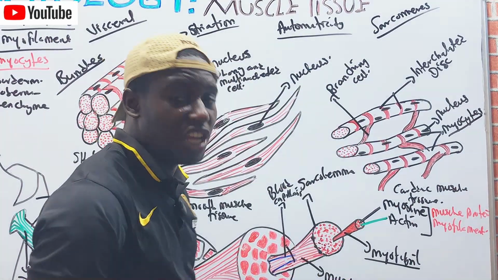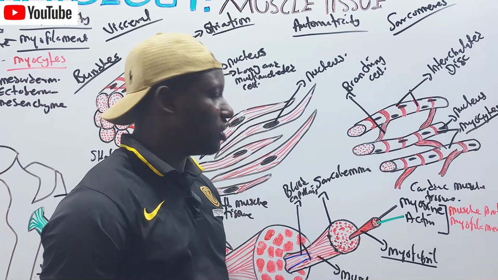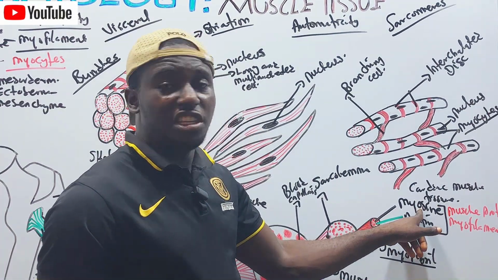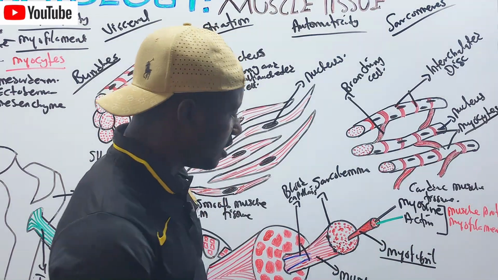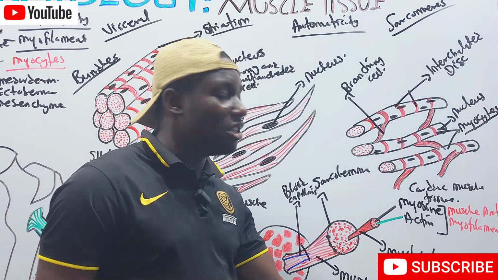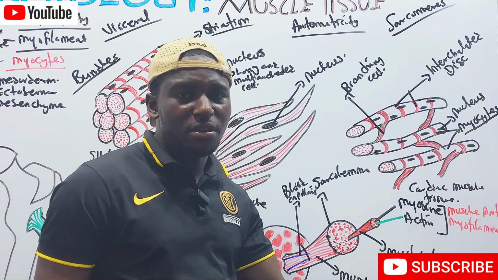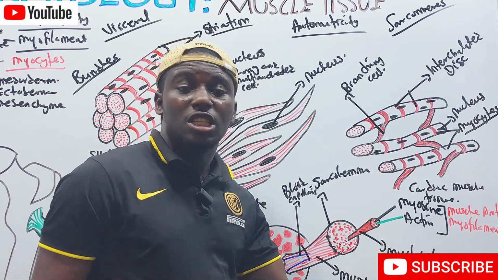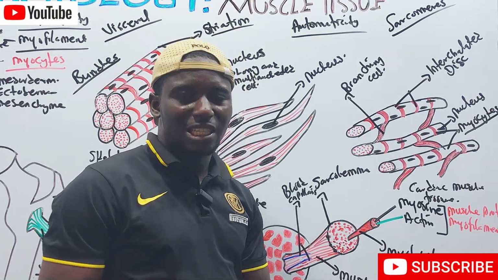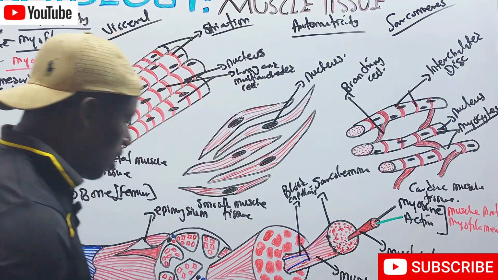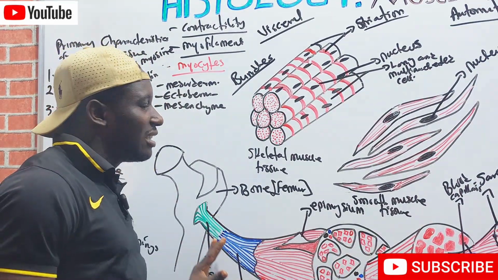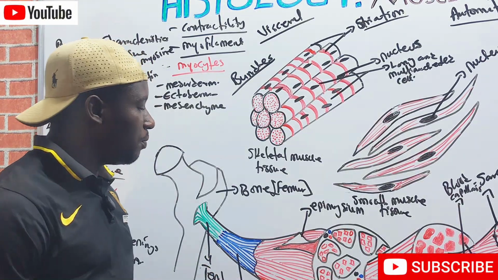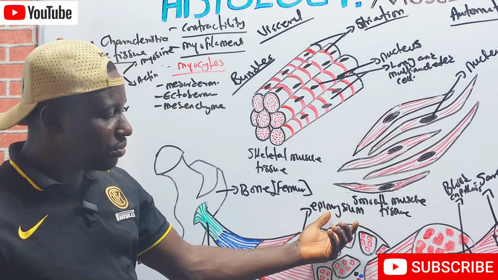They initiate the contractility of the muscle tissue. Here myosin is thick, while actin is thin. You get. Recall that the myofibril is surrounded by the sarcoplasmic reticulum.